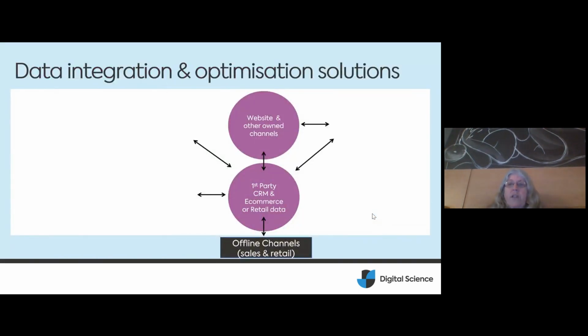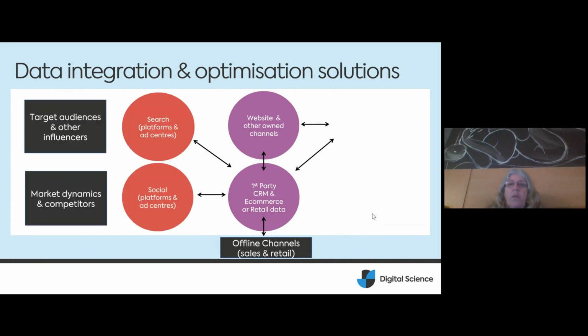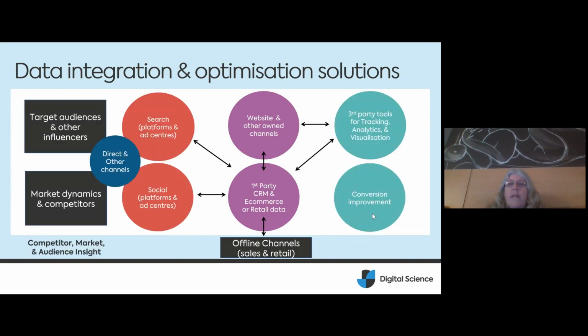So if we just look at this again, I'll just build it quickly. What's happening this time is we're also bringing in offline data, including sales and retail data. So this could be if you've got any shops, or you've got a trade desk in a business park, or you've got an EPOS system, or you track your phone calls.